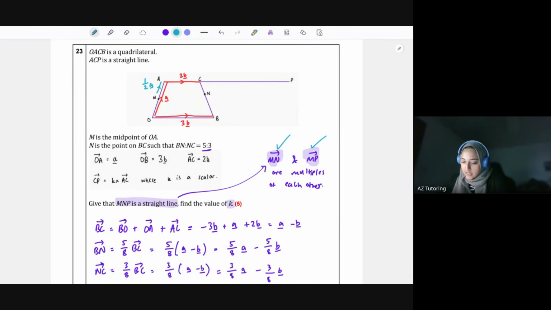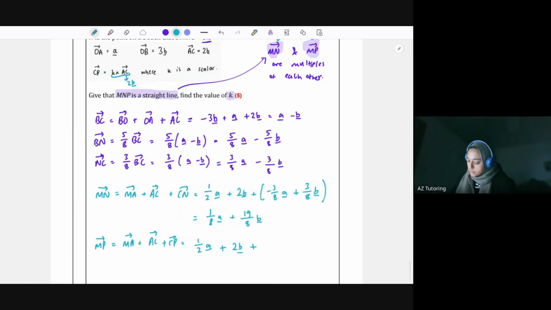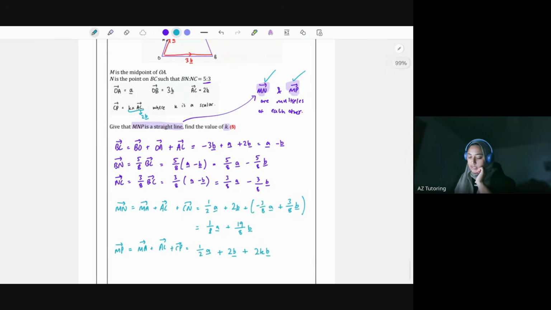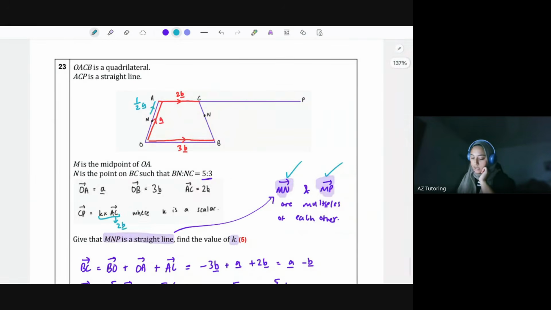is K times AC. And we know that AC, over here, is 2B. So I'm just going to say that CP, in that case, is going to be 2 times KB, because K is just a scalar, right? So just to reiterate what I did, CP is K times AC, and I know that AC is the vector 2B.